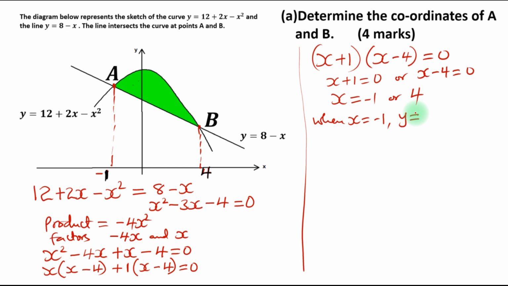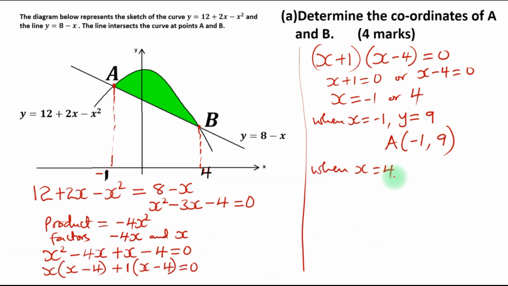How are we going to get y? You can substitute in either of the two equations. Either of the two equations will give us the value of y when x is minus 1. So for this it will be 8 minus minus 1, which will be 9. And therefore, in this case, A is minus 1, 9.